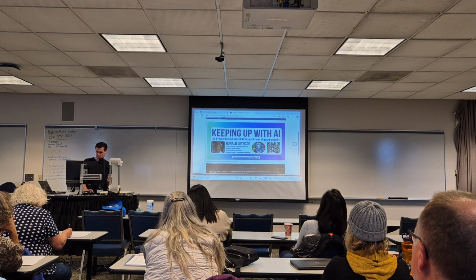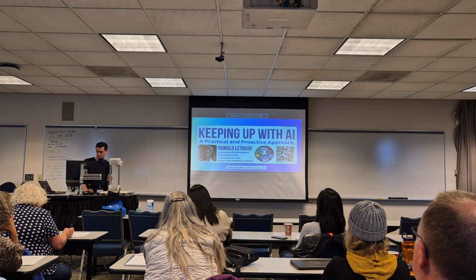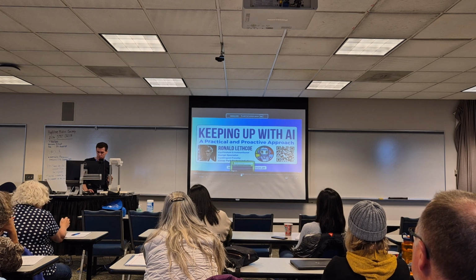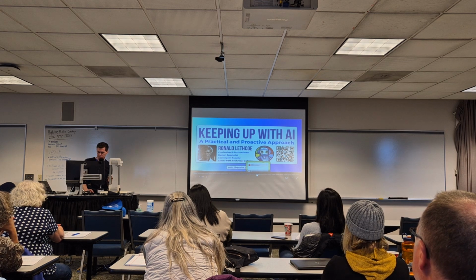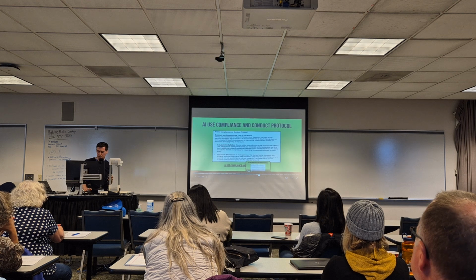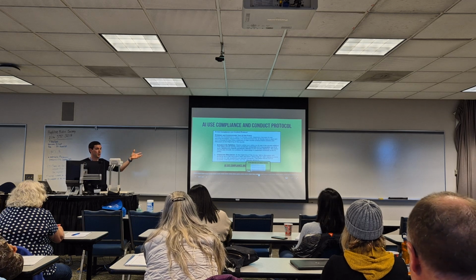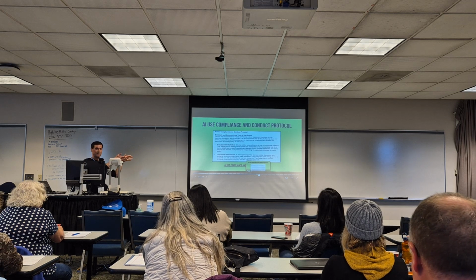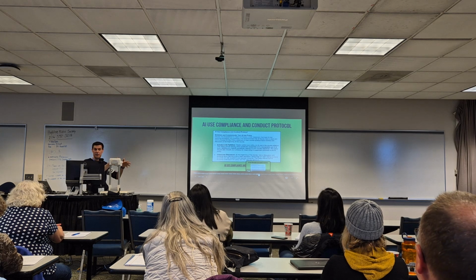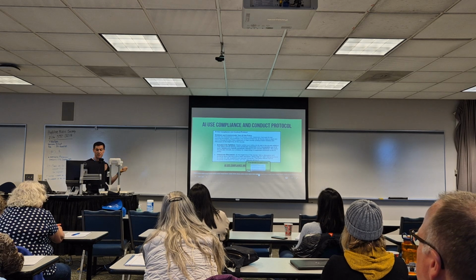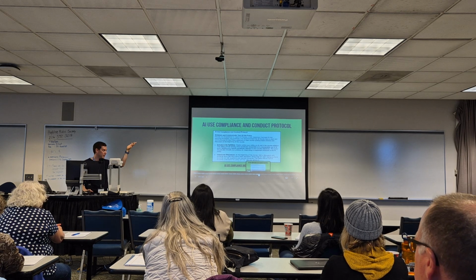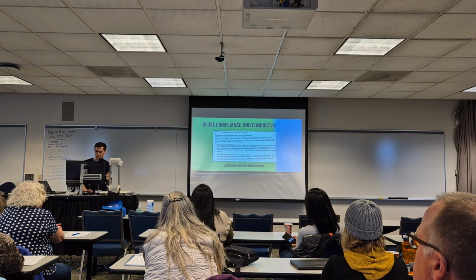That wraps up the first part, where we're talking about policies and ways that we can proactively prevent, and also gives us a chance to say, this is what I did, this is what we talked about, this is what's in the syllabus, and if there are any problems, you escalate it to student conduct, and you have your bases covered.